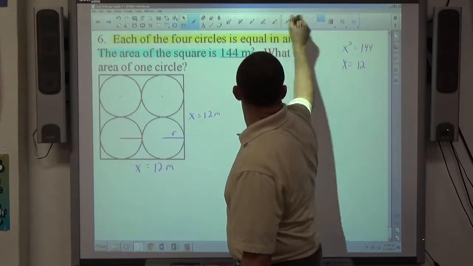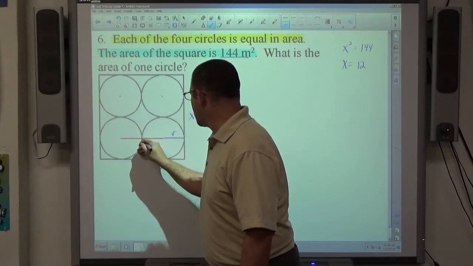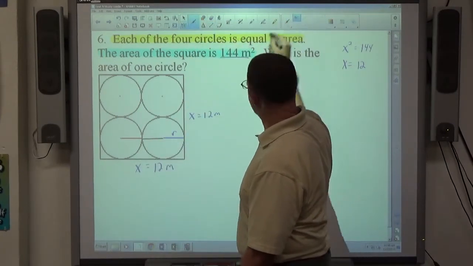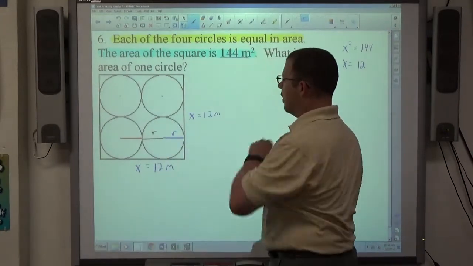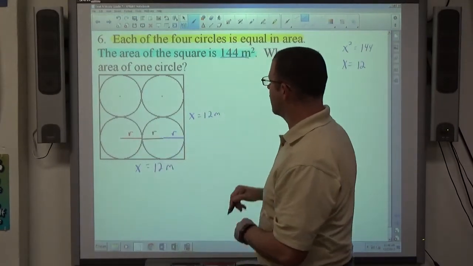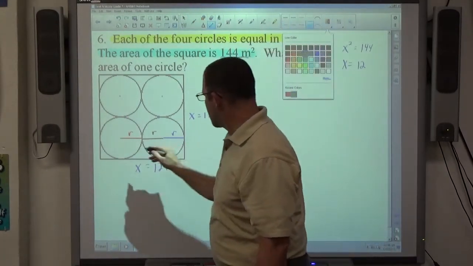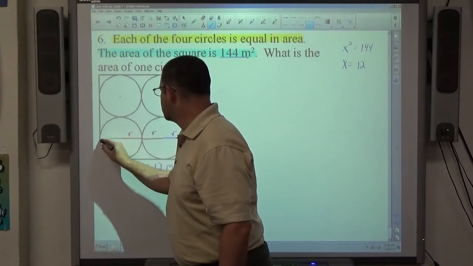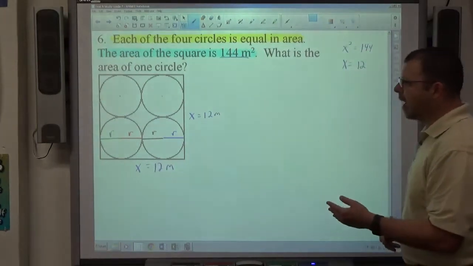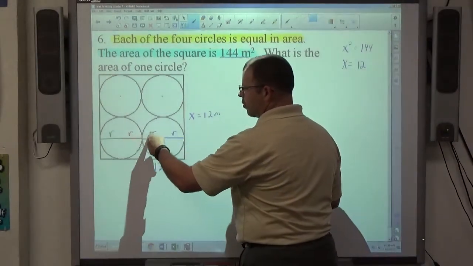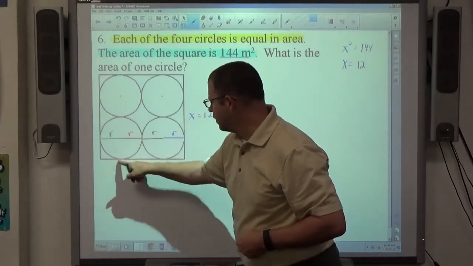And I know for a fact that this distance here is also going to be R. Obviously these circles have the same radius because they have the same area, so this is also equal to R. And finally, this is also equal to R. So looking at the picture, I have a total of 1, 2, 3, 4 R's straight across that figure, and this length should equal the same as that length.